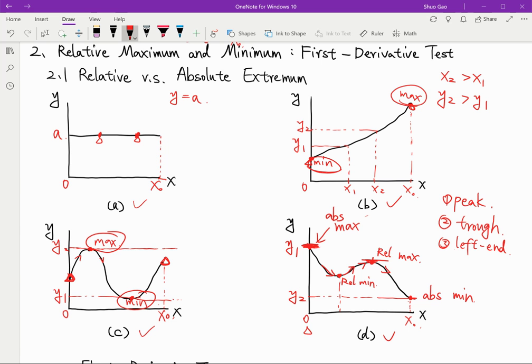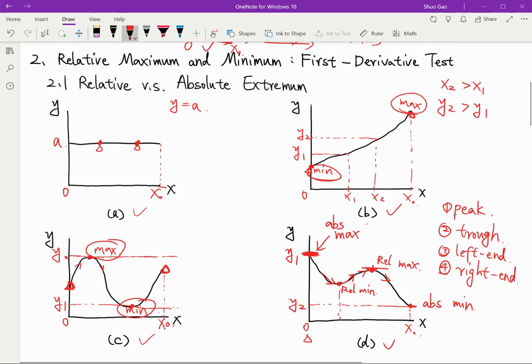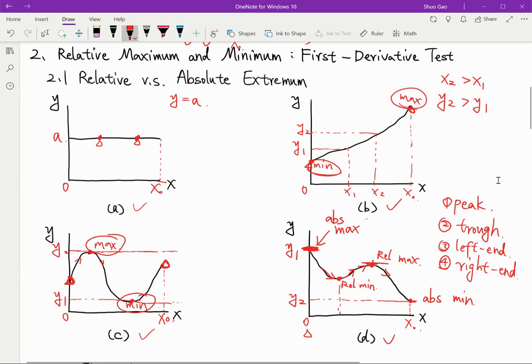The y here, which is the endpoint, is something we need to pay attention to. The fourth one is the right end, which is the maximum value that x can take, which is x0 here.